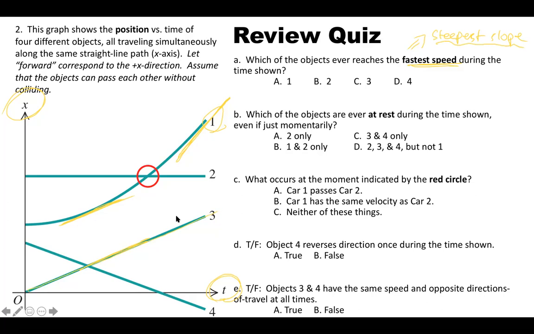The steepness of the slope of object 4 seems to be the same as that of object 3, but just negative in value. And then, of course, what's the slope of object 2? That's just 0. So let me clean up the graph a little bit. So it looks like the fastest speed reached by any of these objects is that of object 1.